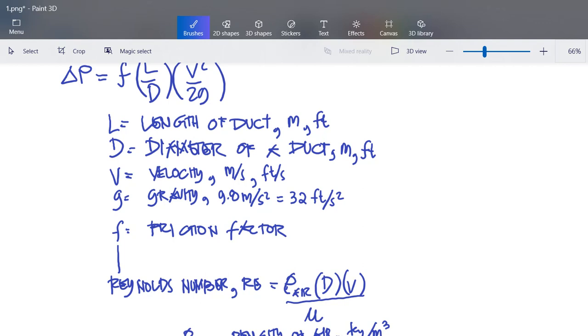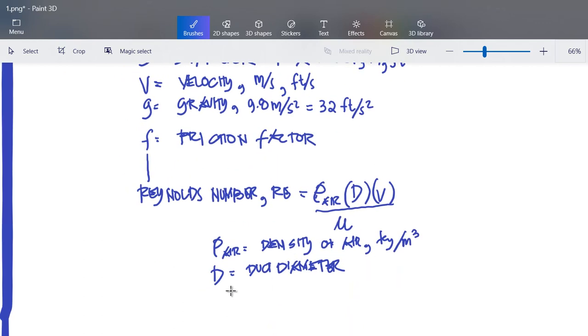Then we have your duct diameter, then we have your velocity, which should be meter per second.